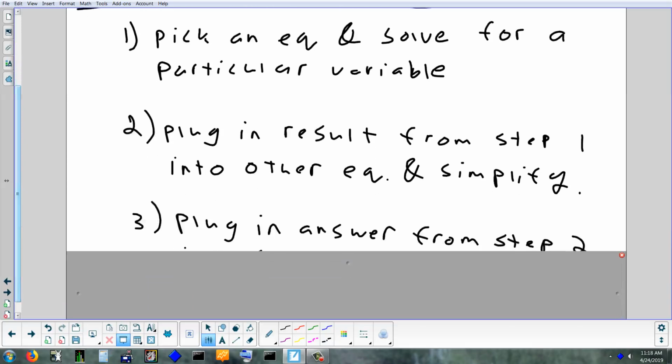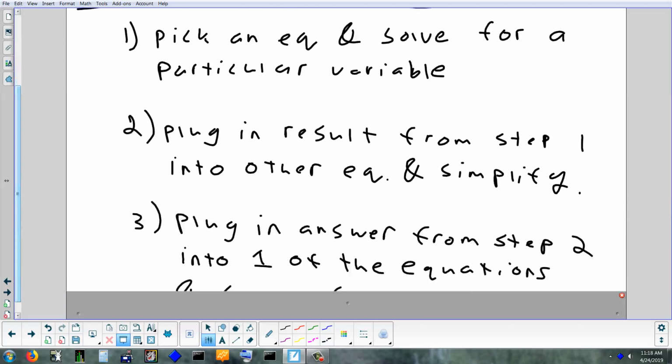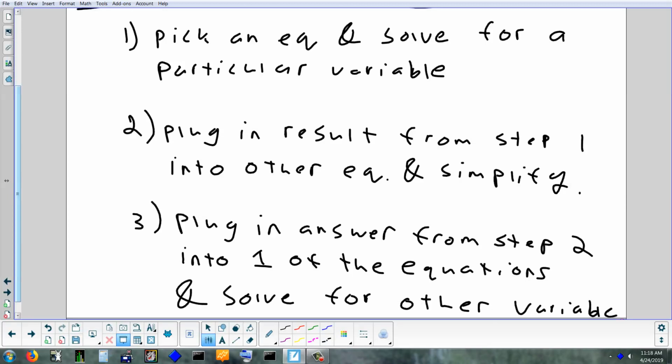And now, once you know one of the answers for the length and the width, plug it back into one of the original equations to get the other answer. Now, if you've done everything right up to step 2, it doesn't matter which original equation you plug back into. They both should give you the same answer. If you plug your answer from step 2 into each equation and got different answers, then you did something wrong.